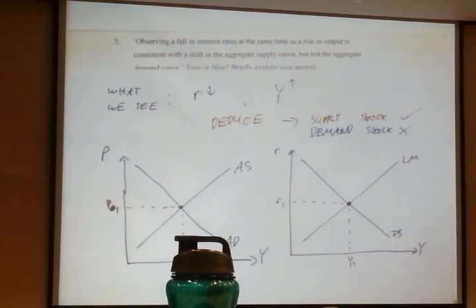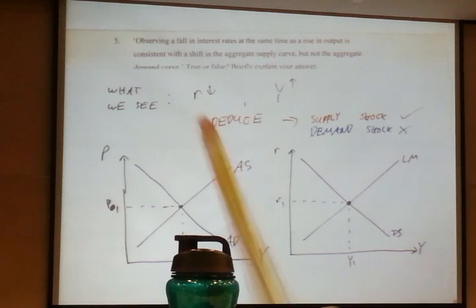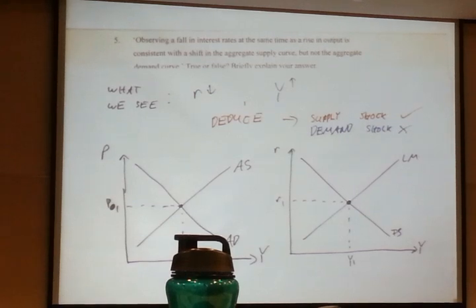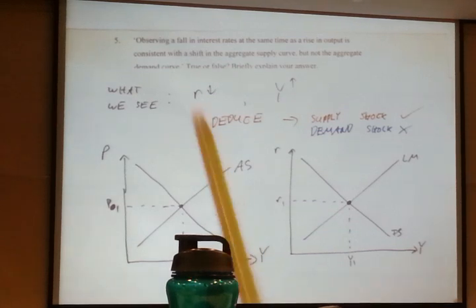A demand shock could not lead to seeing interest rates fall and output rise. Whilst it's possible to give a shorter answer than what I'm going to give, I'm going to start assuming I don't know which part of the question to tackle first. So let's first look at the first part of the claim, that aggregate supply could cause this.